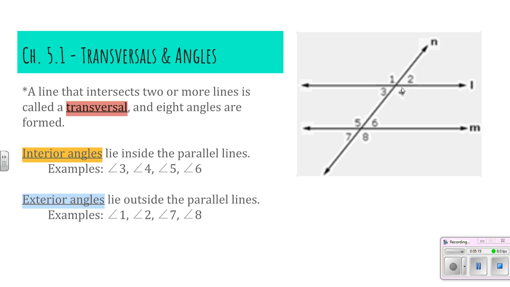These are our interior angles. And make sure you get those written down. Our exterior angles, well, exterior means outside. So our exterior angles are outside of the parallel lines. So there are 2 that are up here, angles 1 and 2, that are outside. And then 7 and 8 are also outside. So interior angles, and then 1, 2, 7, 8, exterior angles.